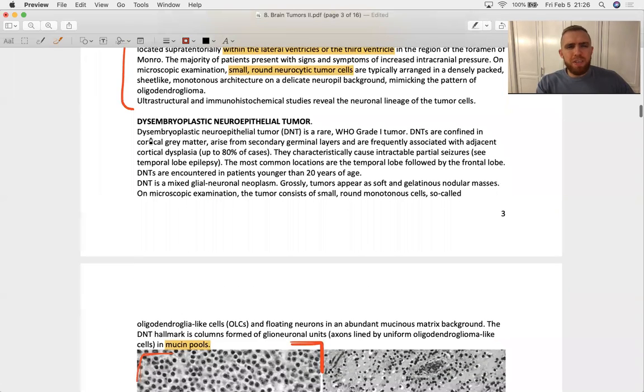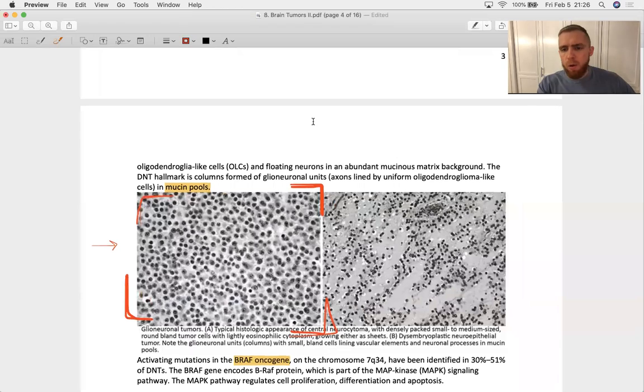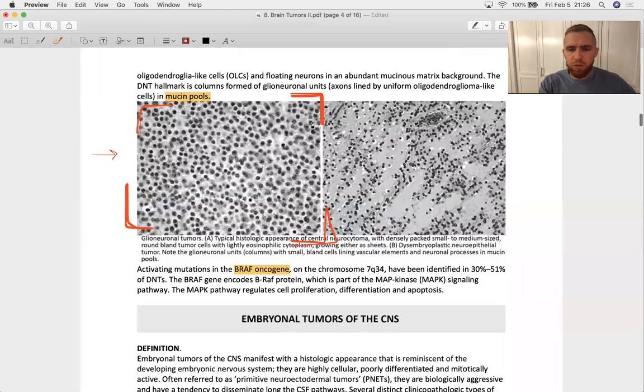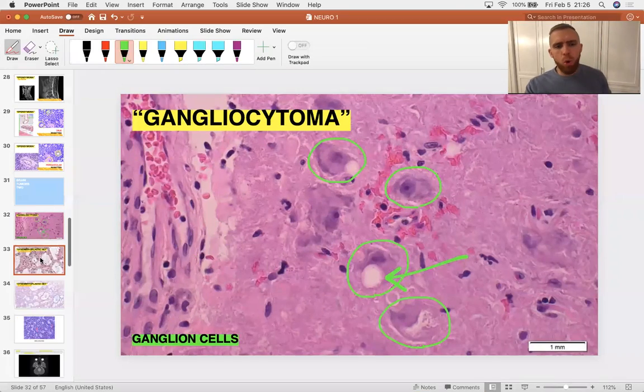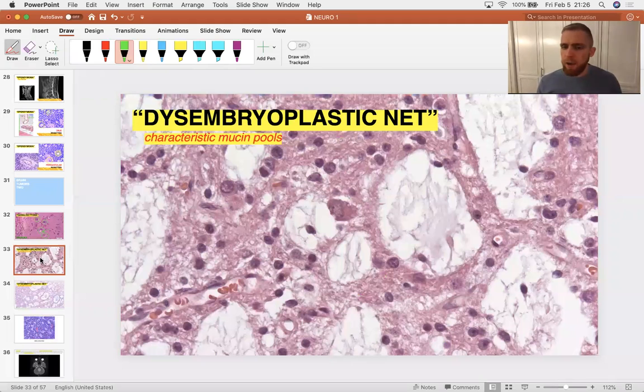So then there's the dysembryoplastic neuroepithelial tumor. And what's characteristic about this is that you see big pools of mucin inside this tumor. You really want to know what mucin looks like. This theme or motif within a tumor is going to come up again in the GI tract, where you have lots of goblet cells that produce mucus, and in the pancreas, which just does nothing but secrete all day.